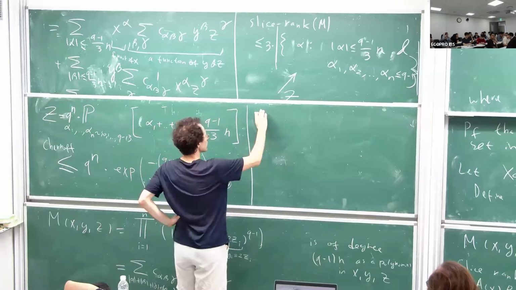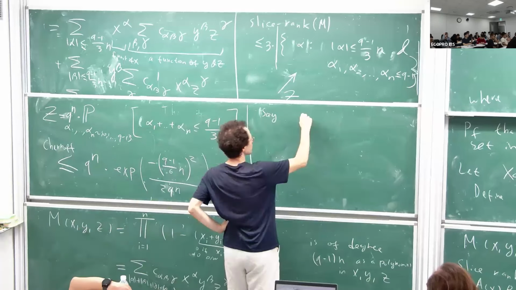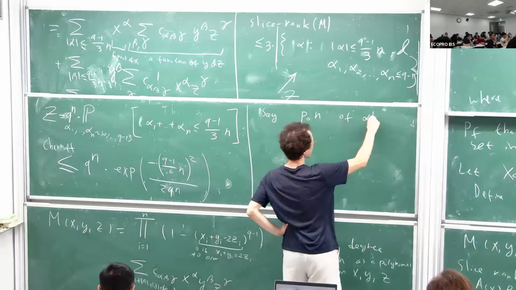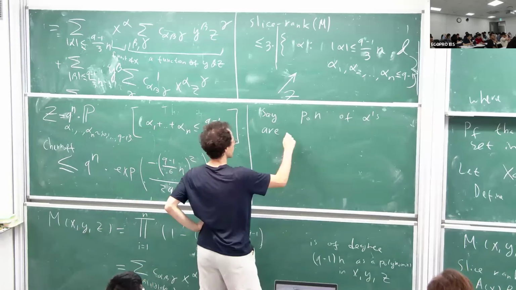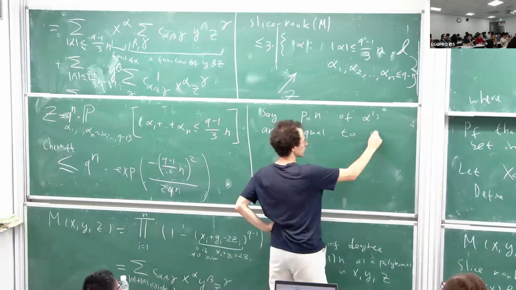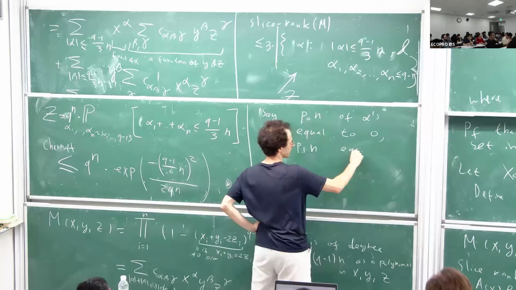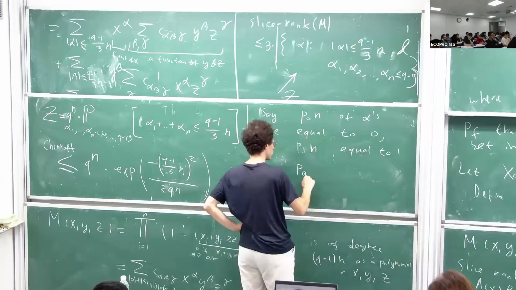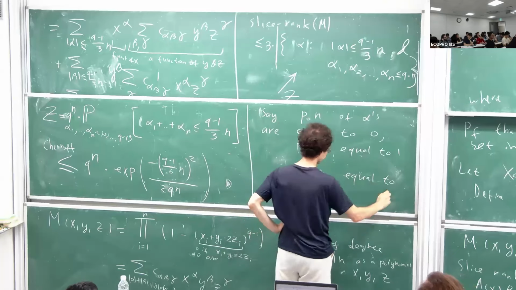Say we have p0 times n of the alphas equal to 0, p1 times n equal to 1, etc., up to p_{q-1} times n equal to q minus 1.